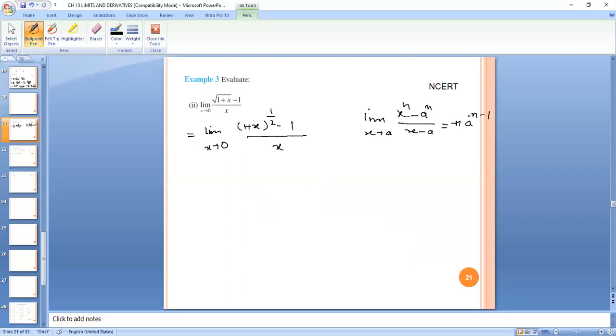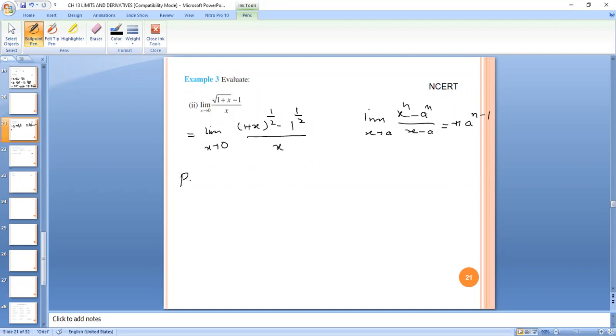Right? So x raised to power n, it is 1 plus x raised to power n means 1 by 2. The 1 you can write as 1 raised to 1 by 2, and here it is x minus a, you are having x. So can you make it in the form of this formula? Is there any way? We will just try.